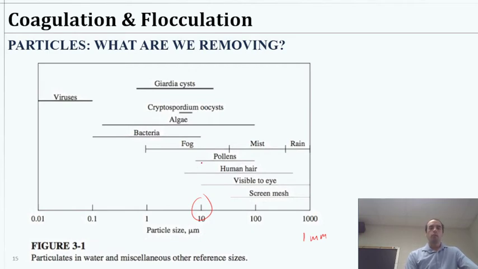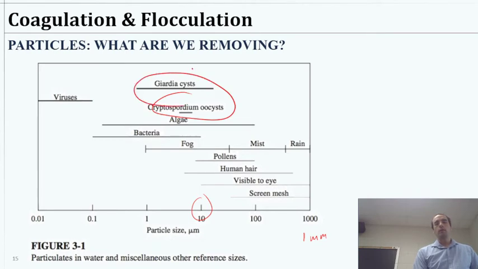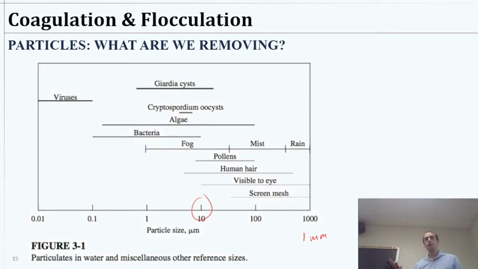So pollen, fog, algae. Some bacteria get about that big, but most bacteria are smaller. And then we have some important cysts here. The cryptosporidium and giardia cysts are both kind of at most that size. So if you think for a moment about that problem, we were trying to remove these silt particles, very important to remove.